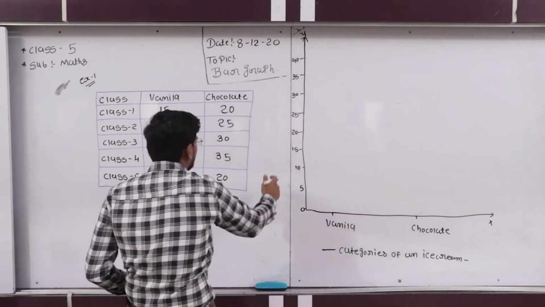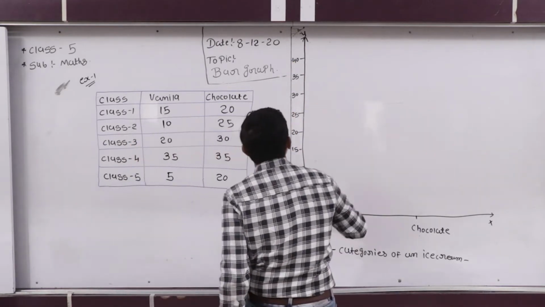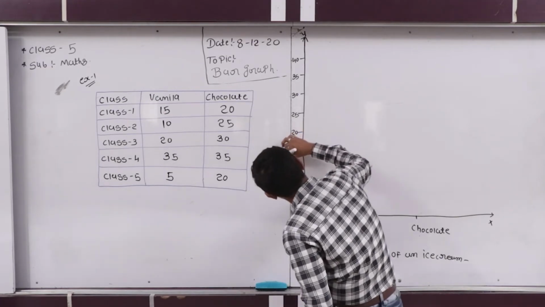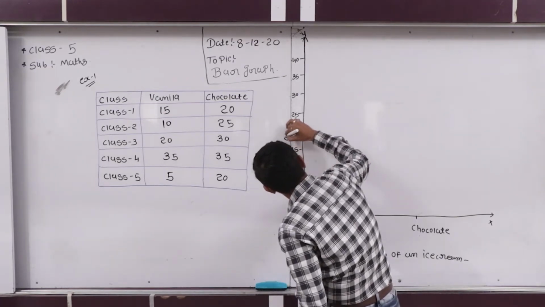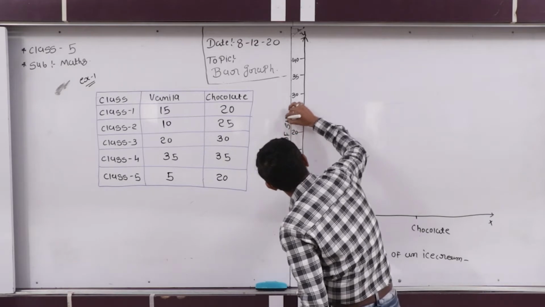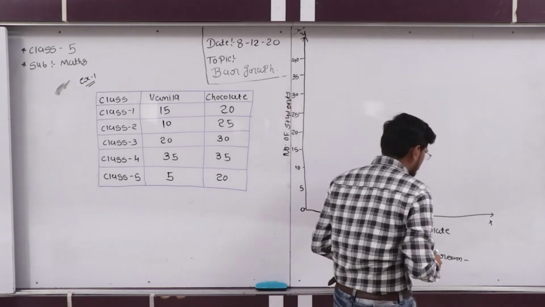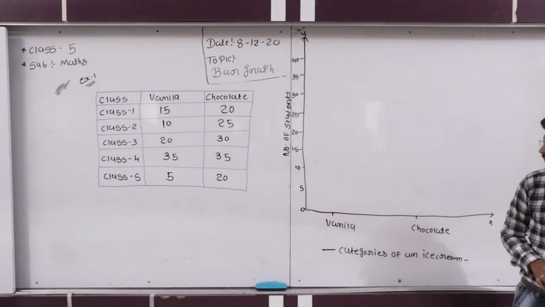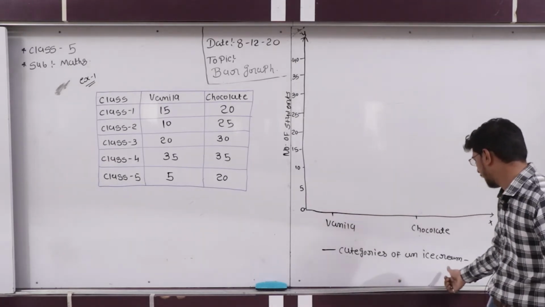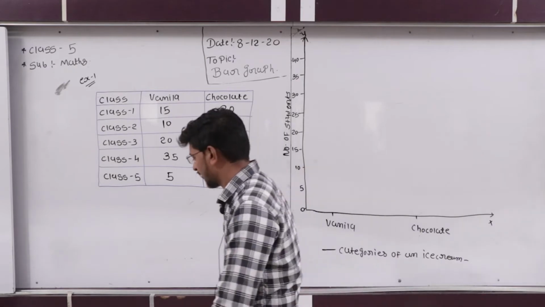So this is the number of students. We take the number of students on the y-axis and categories of ice cream on the x-axis.